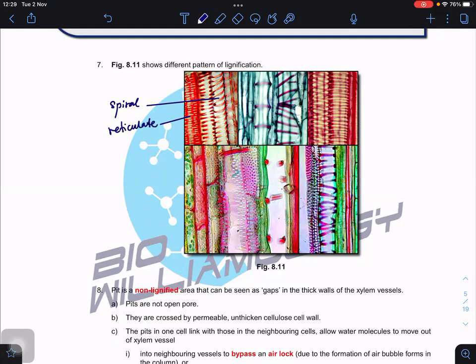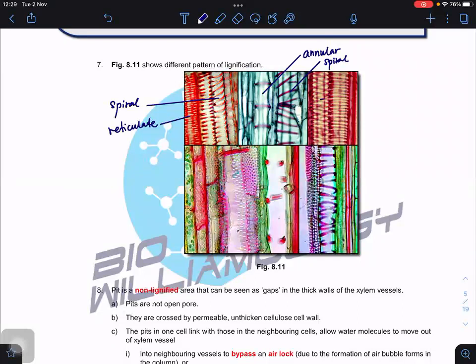Okay, now talk about this. This was a very clear cut ring, so it means that it is annular. Okay, so this one is actually something like a ring but spiral, right? Something like a ring and spiral. So this one actually is a spiral.